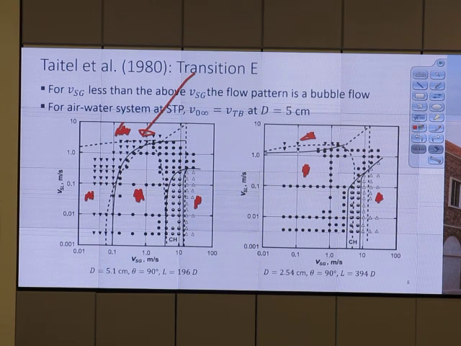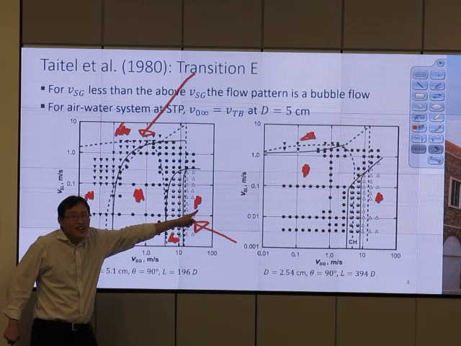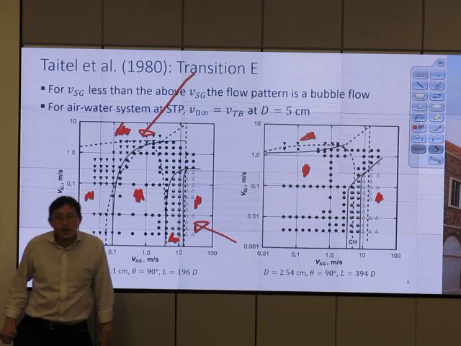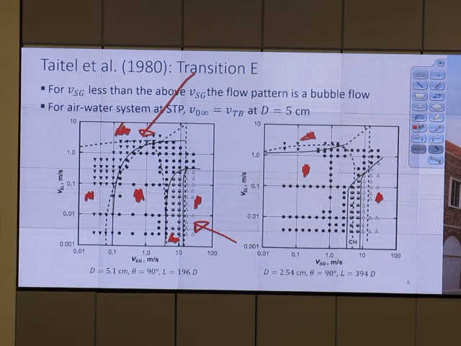And for the white triangle, what is that flow pattern? Yes, annular flow.